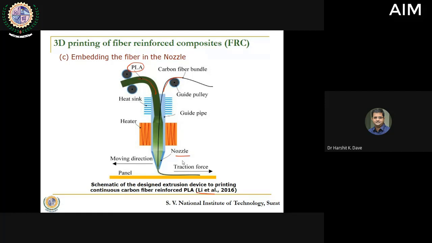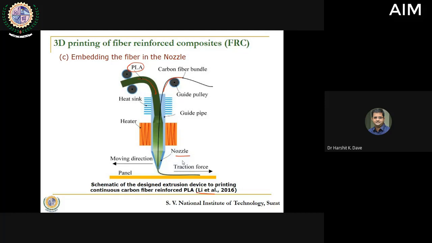Now, often what you observe is that when you are using a polymer like ABS or PLA, after certain hours of use, the nozzles start getting clogged. Even with the regular polymers also, they start getting clogged. Now, when you try to pass a fiber along with this polymer through the nozzle, that clogging starts happening very fast.